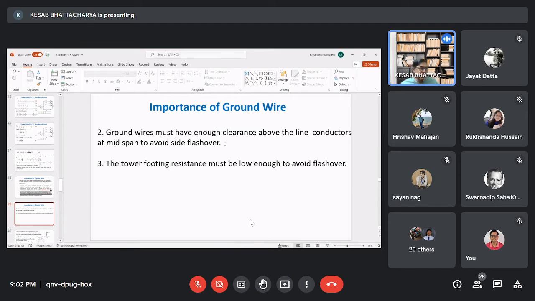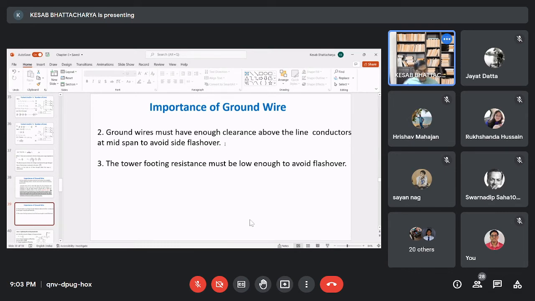On the contrary, the live conductors are held at live potential. There should be sufficient clearance between the live conductors and the earth wire, so that there is no flashover between the line conductors and ground wires.